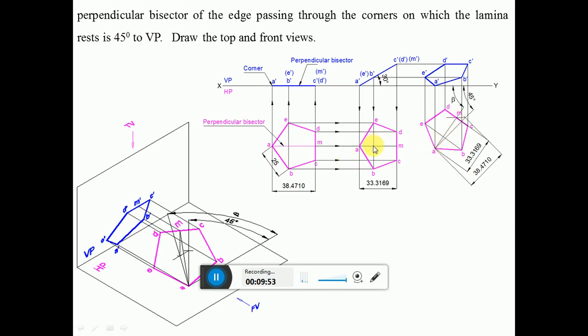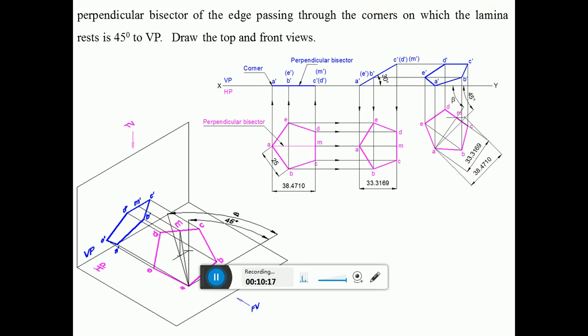Since these two are divided equally, measure the length from this point to E. From this point you cut it on this, and also on this side. So you get A, B, C, D, E. Join A to B, B to C, CD is already joined, D to E and E to A to complete the pentagon. This is how we construct the third position top view.